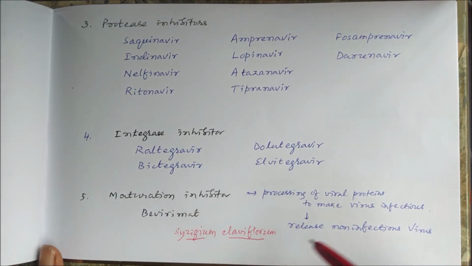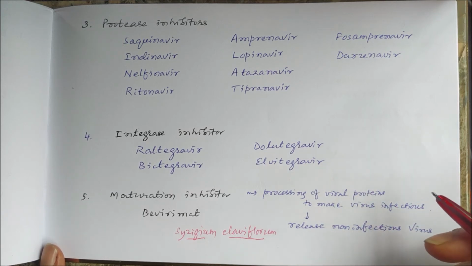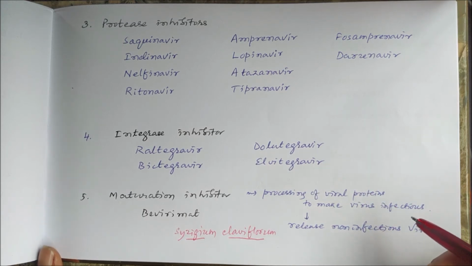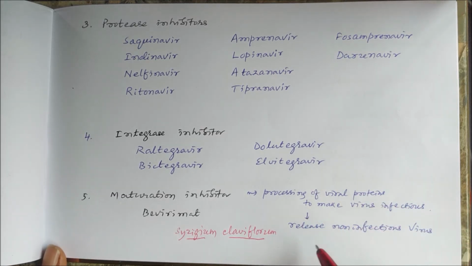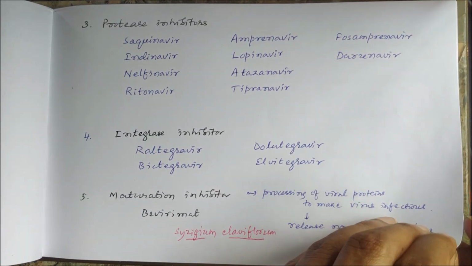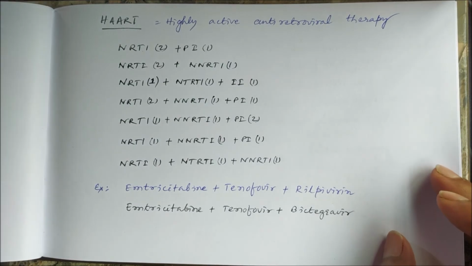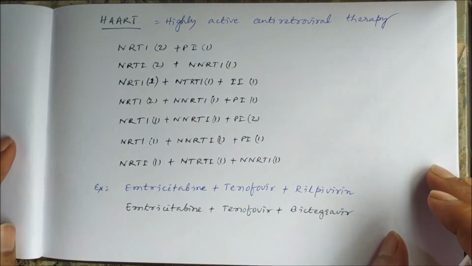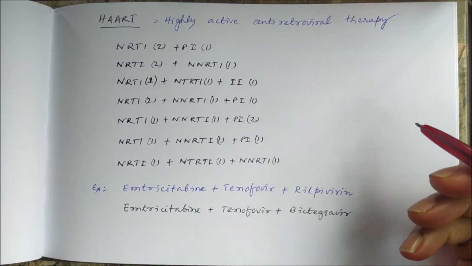That is, viral maturation involves processing of viral proteins to make the virus infectious. And when it is inhibited, there will be release of non-infectious virus which cannot infect the host cells. So these are all antiretroviral drugs, and they have a tendency to develop resistance.